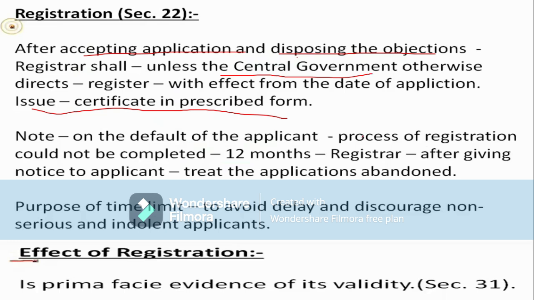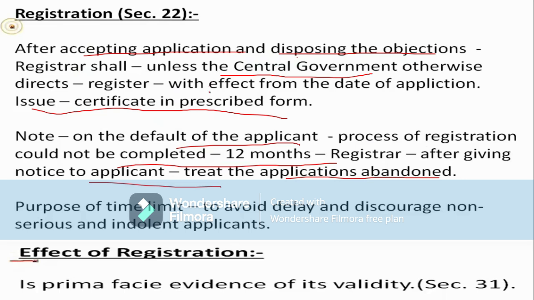Now, if there is a default by the applicant, so the process of registration could not be completed within 12 months, then the registrar, after giving notice to the applicant, will treat the application as abandoned. If there is an objection, the registrar will send notice to the applicant.